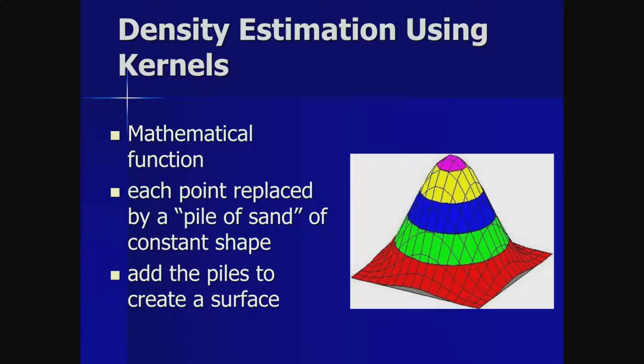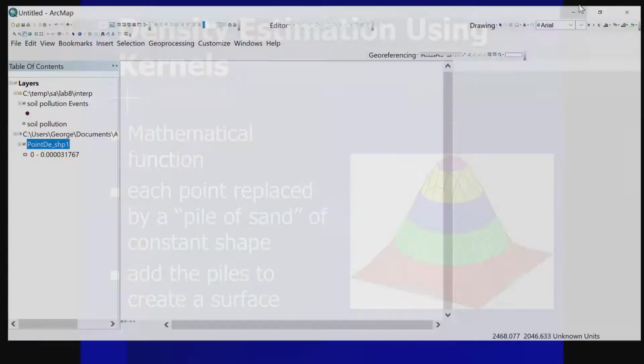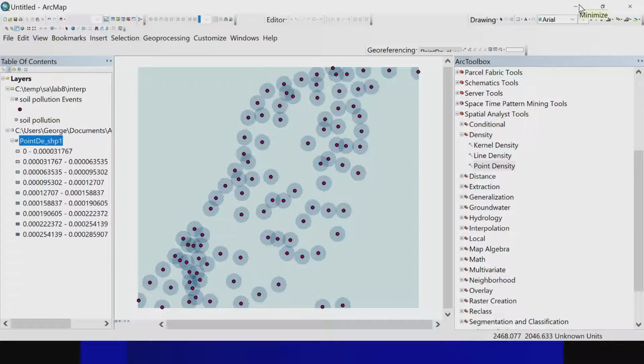Okay. Some people said, well, this is great, but it doesn't really give the impression that I want it to give because it's just too discrete. Really, I want kind of a map that shows me the dense areas and tapers off as I get out of the dense areas.